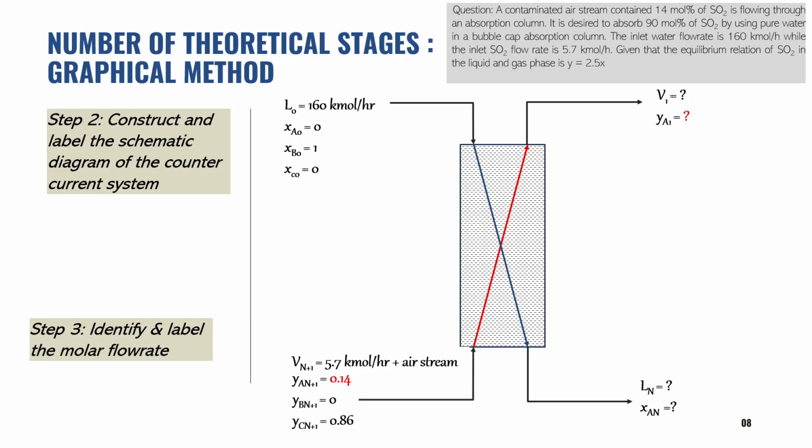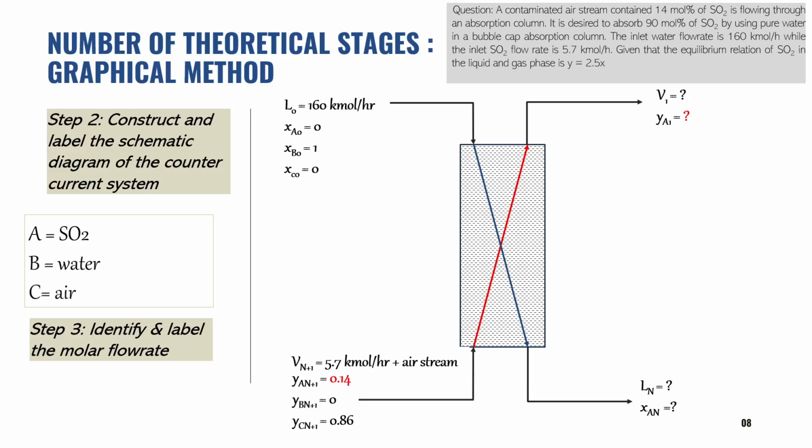Alright, so here we go. The component of interest labeled in red here is the acetone. Sorry, SO2, it's not the acetone. So let's say A is the SO2, B is the water, and C is the air.